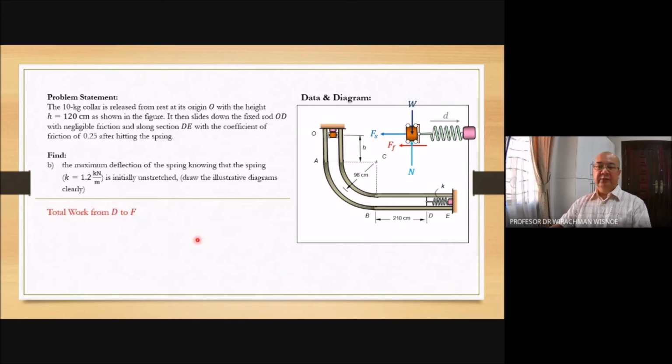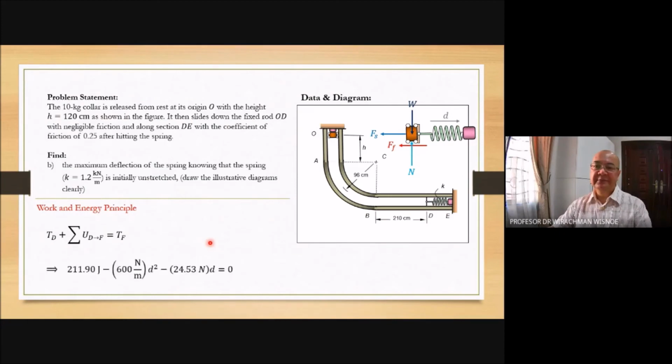So you calculate the total work: the work from the spring plus the work from the friction. Then you apply the work and energy principle, just like before. You can rearrange this to have a quadratic equation. There will be two answers, d1 and d2.